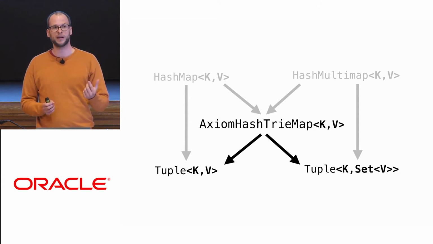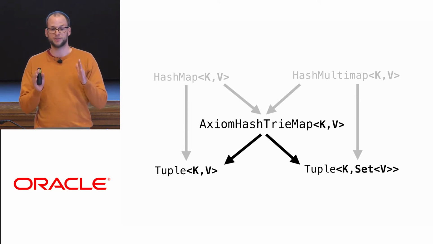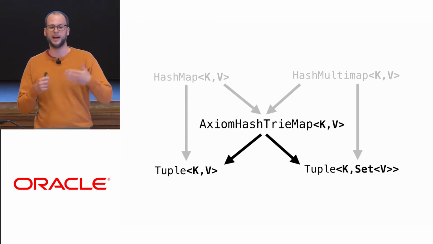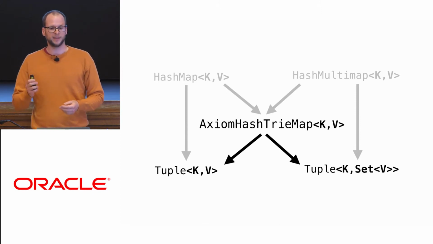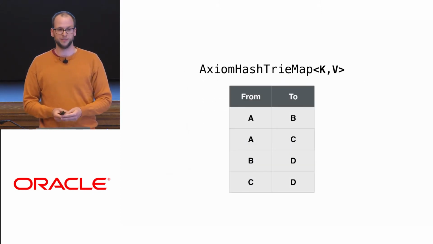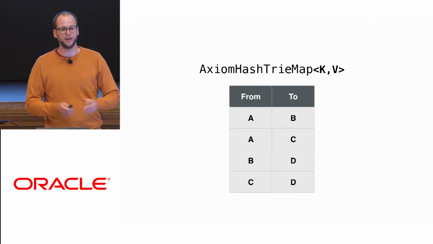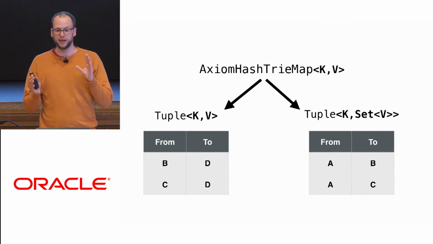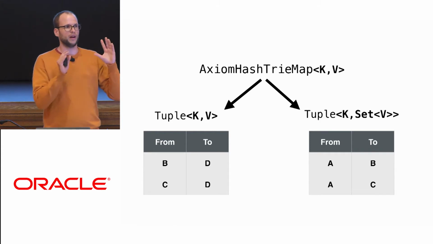The Axiom hash trie map data structure, which is a two-in-one data structure. So instead of adding yet another data structure to your libraries, you could think about replacing a hash map, for example, to get the best of both worlds. The core idea behind the data structure, coming back to our control flow graph example on the slides, is to canonically store all the data in an efficient way, in its most effective form.